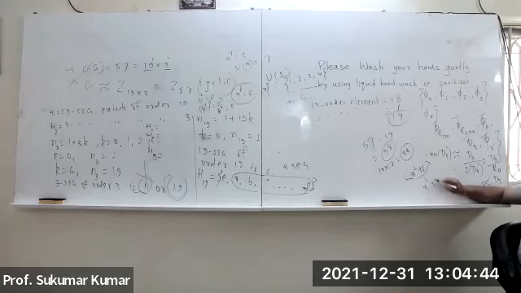If two polynomials generate, X square plus 1 and X square plus 2, then this is not a principal ideal.